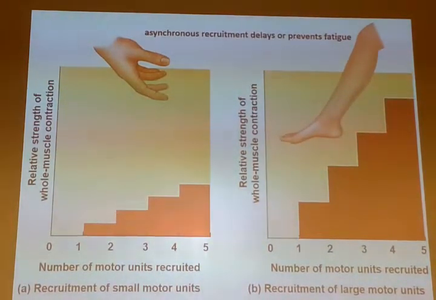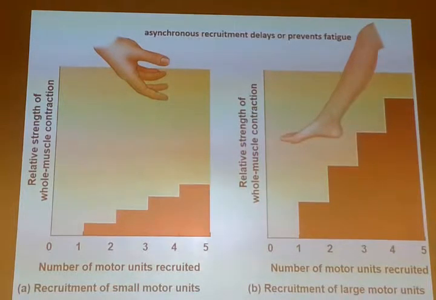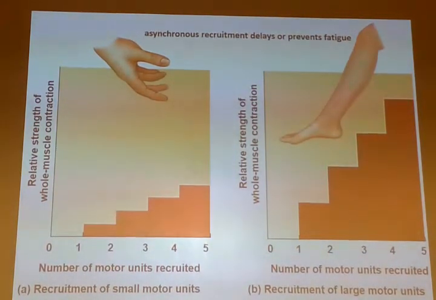So you can maintain your power output by selectively recruiting different motor units. That's referred to as asynchronous recruitment. And you can keep the muscles acting for a longer period of time. When you are trying to maintain your posture throughout the day, you have selective recruitment of these erector spinae muscles so that your posture does not suddenly turn off and your head fall over or you fall over.